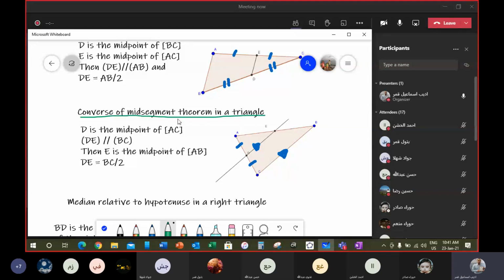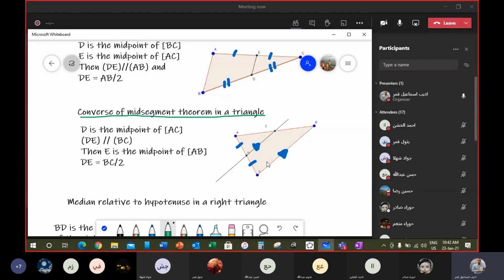We use the converse of mid-segment theorem in a triangle to prove that a point is the midpoint of a side of a triangle. In this case, for example, it says required to prove that E is the midpoint of AB. We say E is the midpoint of AB by the converse of the mid-segment theorem, since D is the midpoint of AC and DE is parallel to the third side BC.